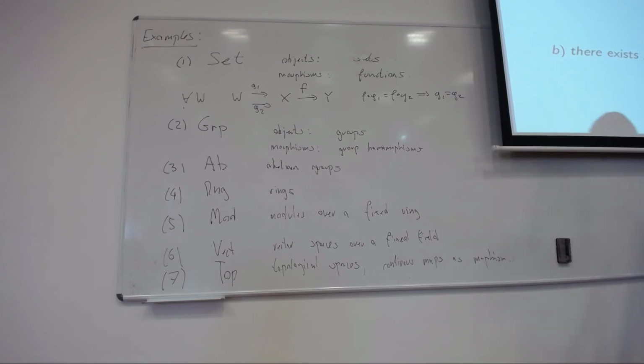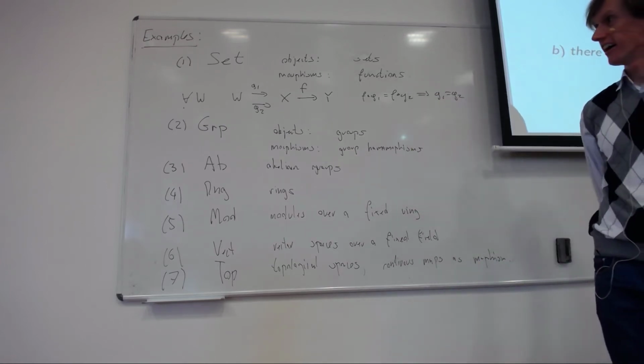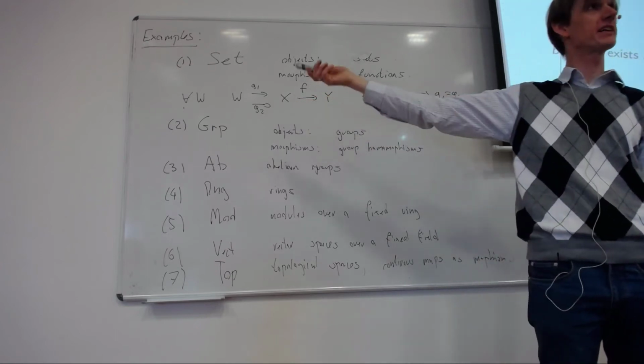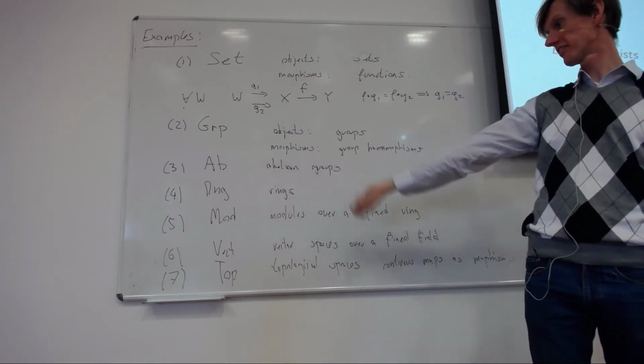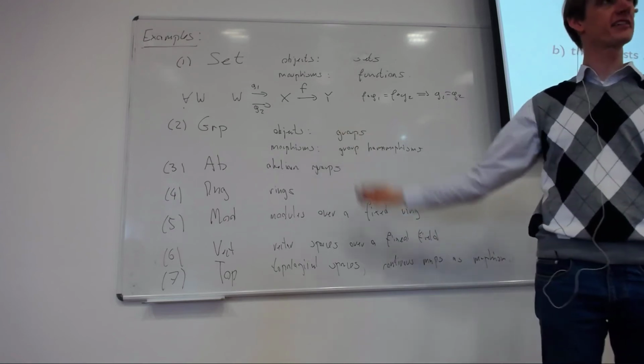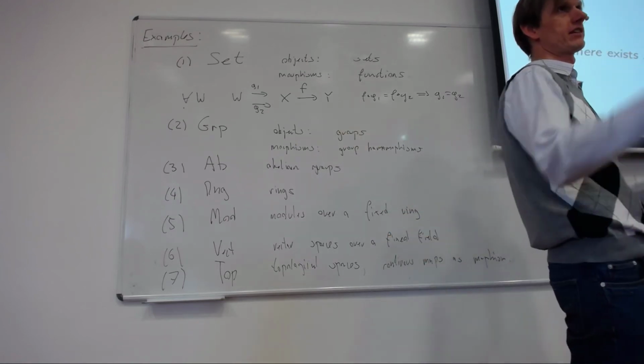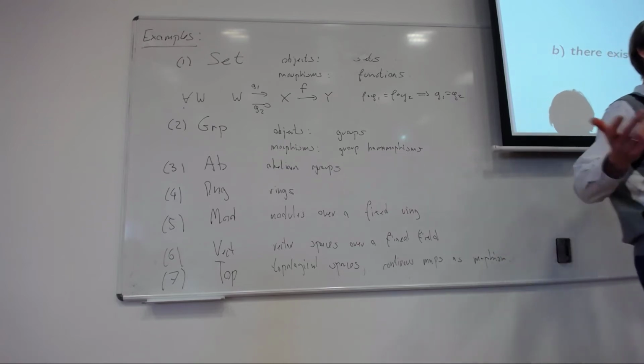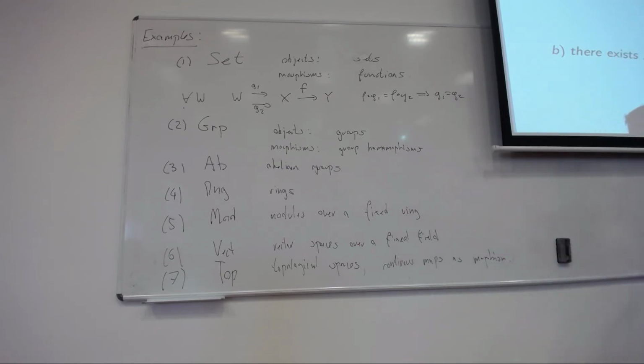However, in all those examples listed here, we don't really need to worry about this fancy stuff because all morphisms here are functions. I mean, a group homomorphism is a function. A continuous map is a function.